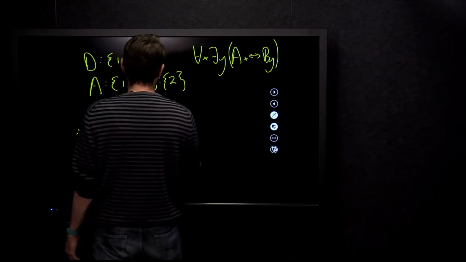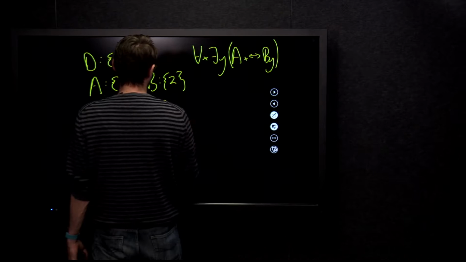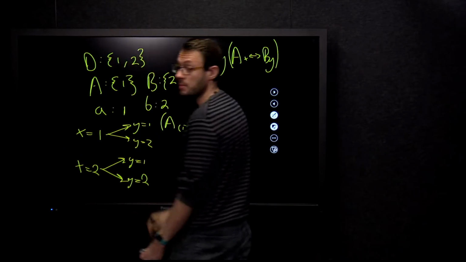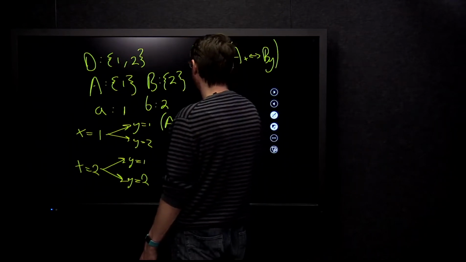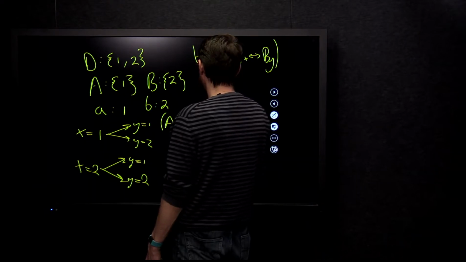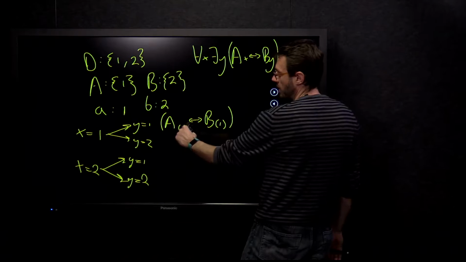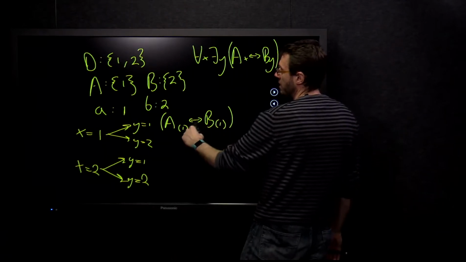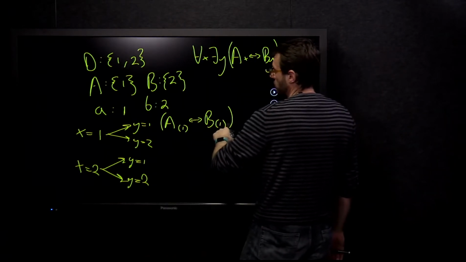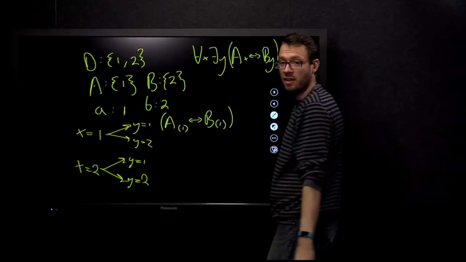So we're going to put down the sentence, and we're going to use those little subscripted parentheses again, and we're going to put in the values for x and y. So here I've written A1 biconditional B1 because x equals 1 and y equals 1, and so I've substituted those in for that sentence.